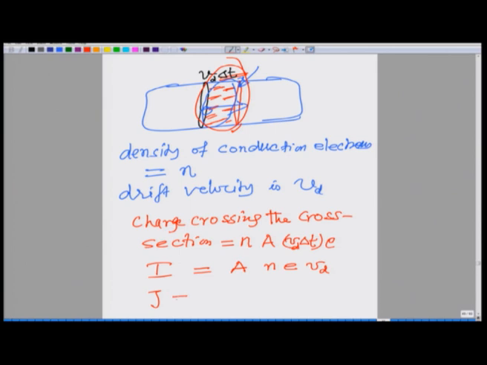And the current density J, which is I by A, is N times e times v_d, and that is N times e times mu times E. So, this relation is an important relation.